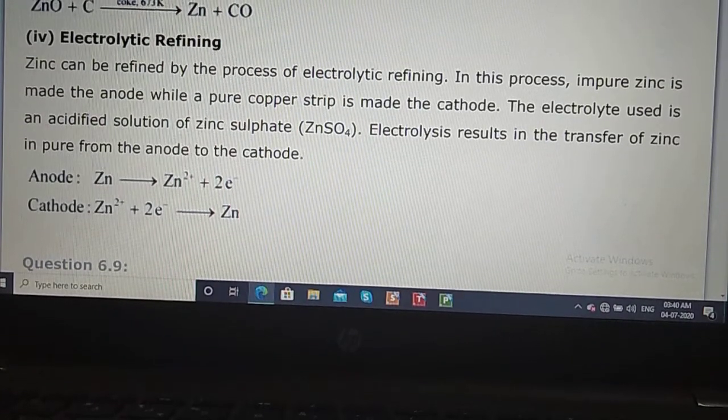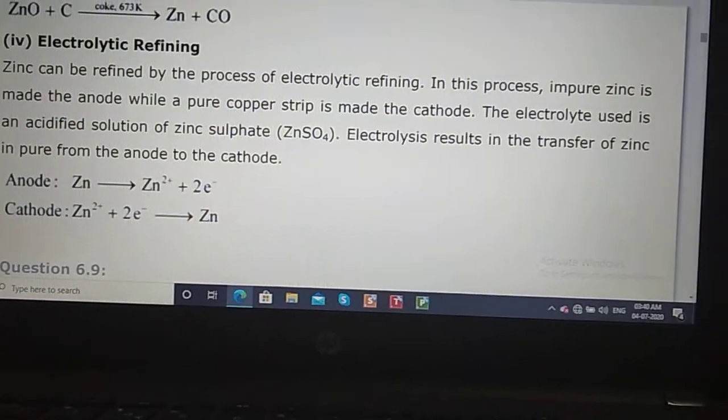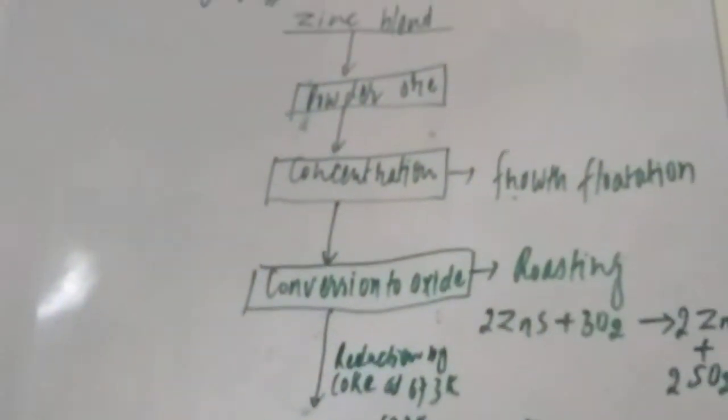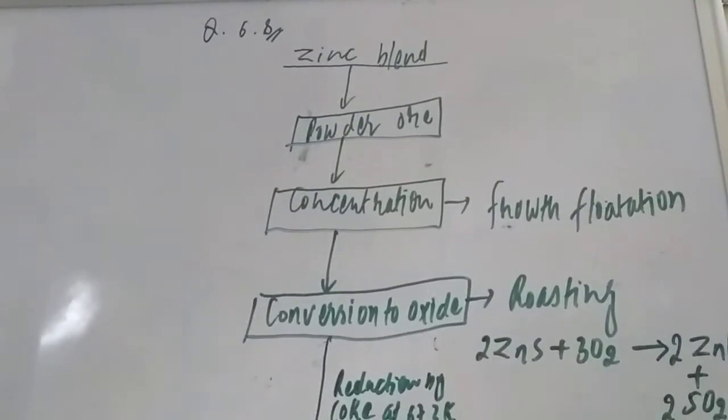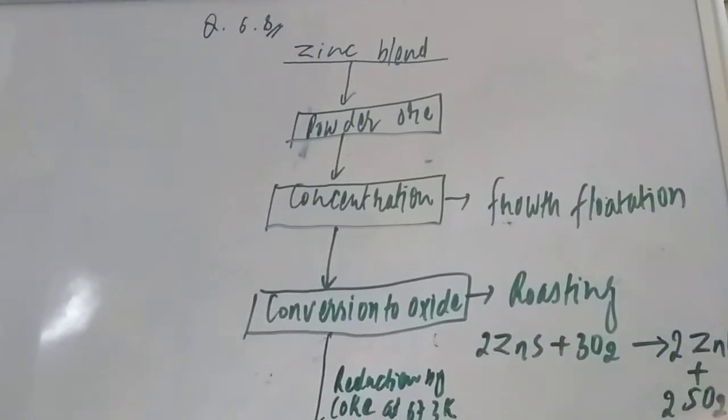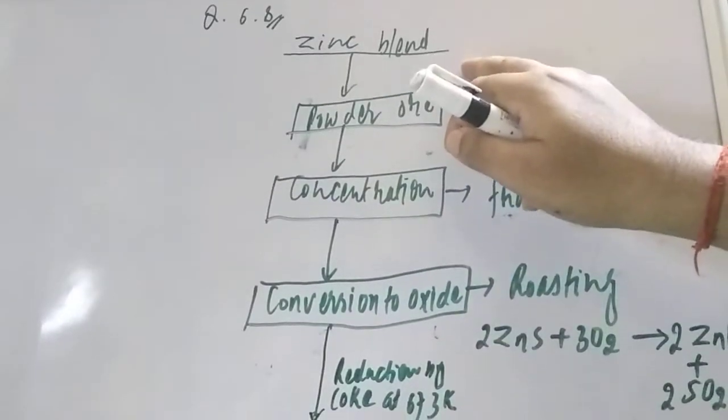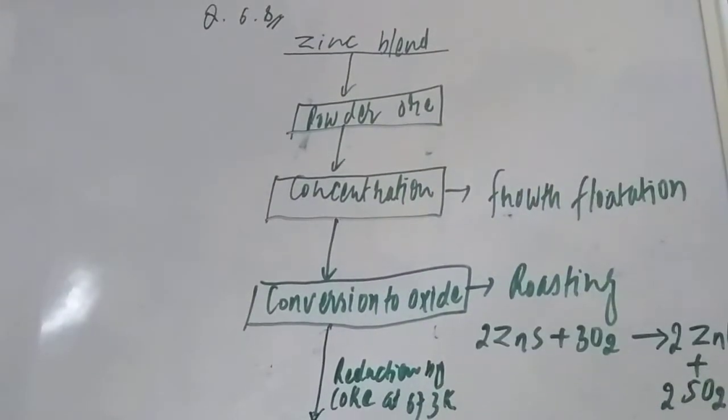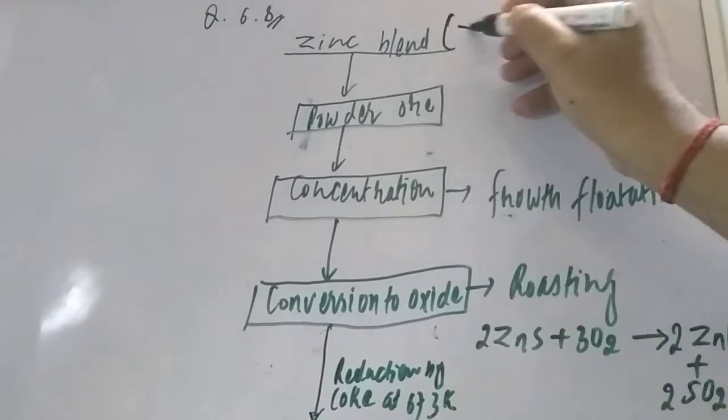Now come to the board, students; you can check it with the help of the flow chart. Here is the board, and the question number 6.8 is there. First of all, we have the zinc blende ore. What is the formula of zinc blende? We know it is ZnS.